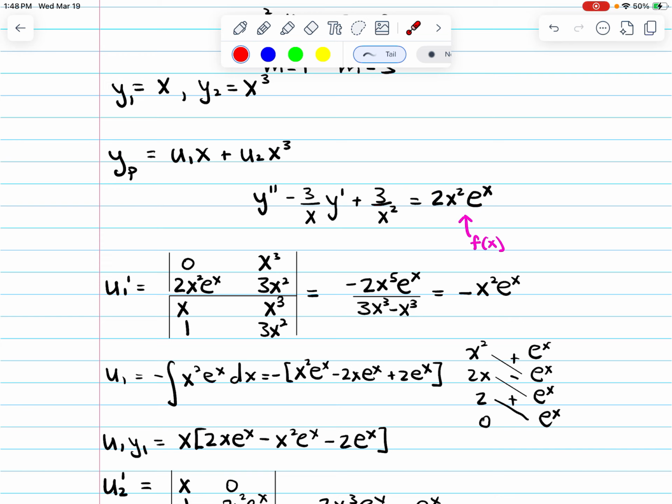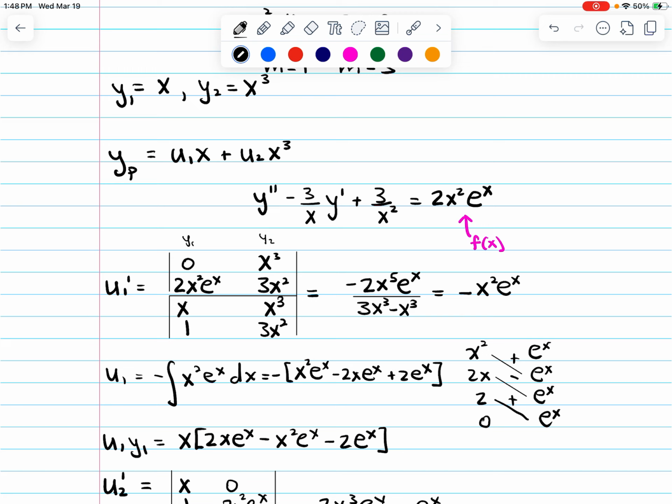Now, I'm going to use my formula. It says u1 prime is equal to, now notice, 0. I've got a system of equations, and I'm going to put y1 over here and y2 over here.